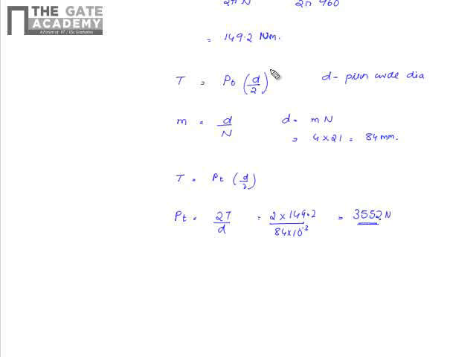You can see this question is quite simple, and this was asked in GATE 2009. If your concepts are clear, there's no scope of any confusion here. You can easily find the tangential force transmitted by using the simple relations.